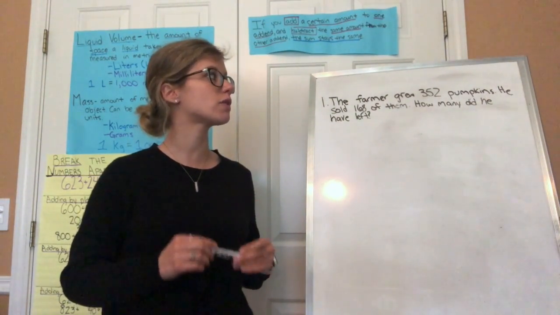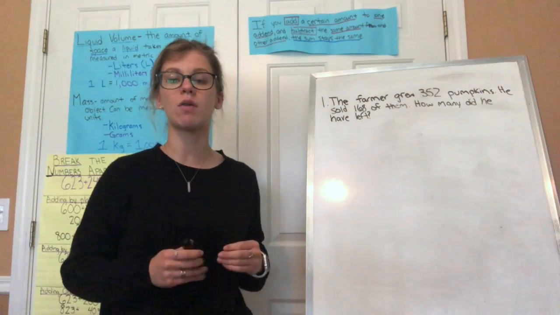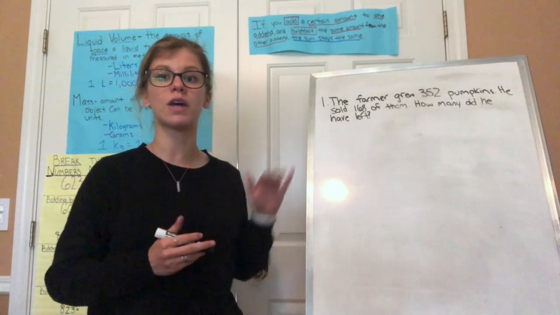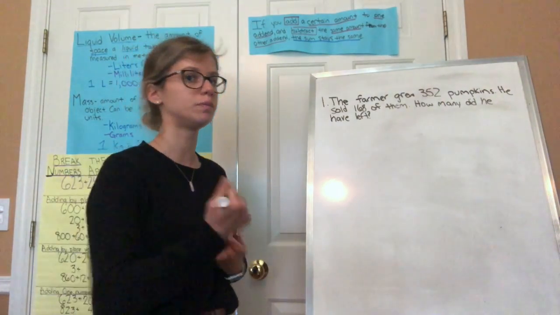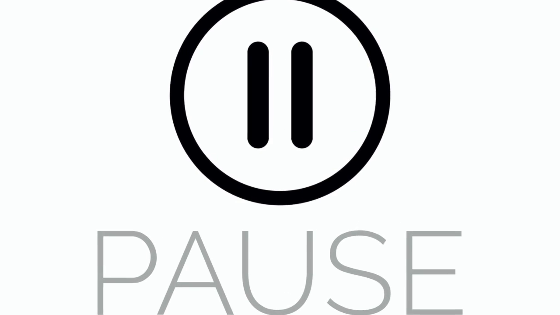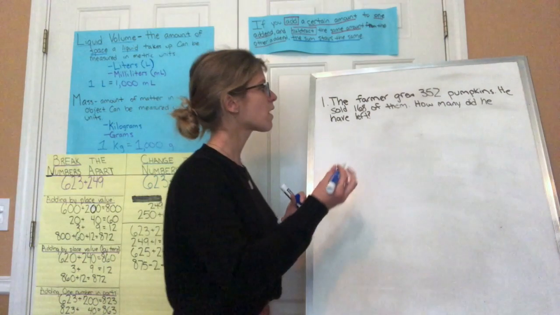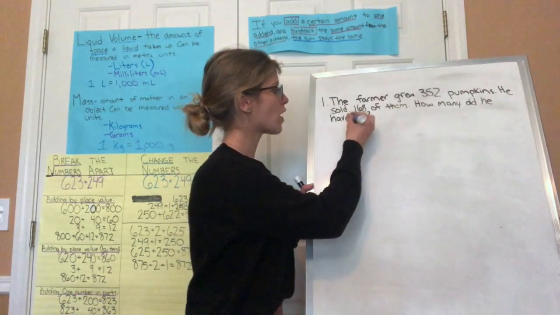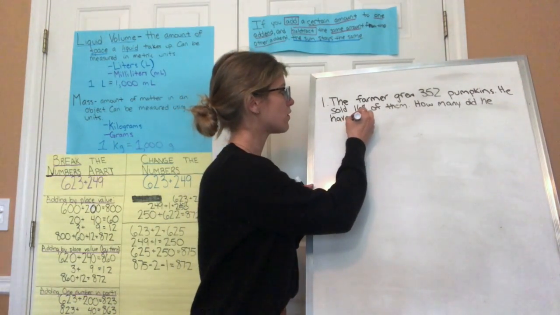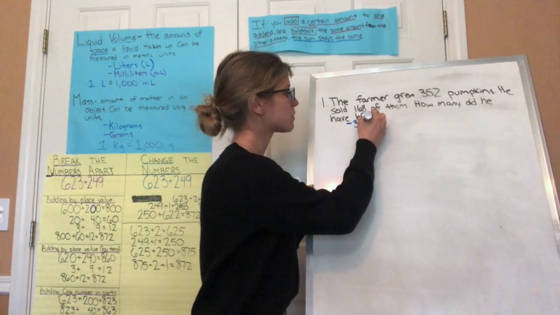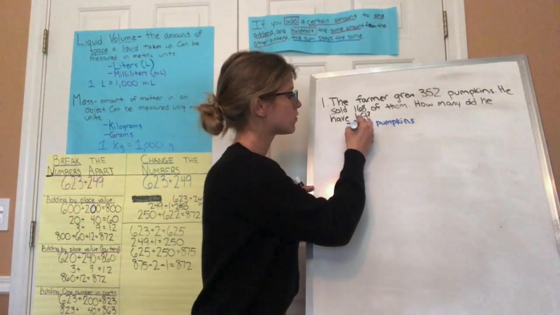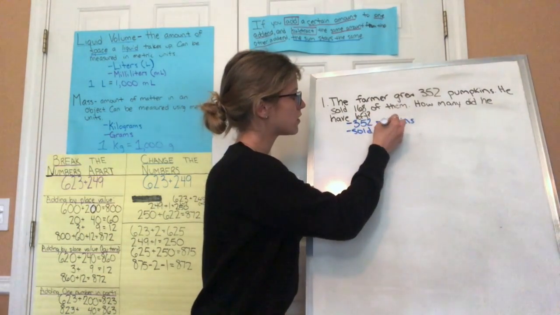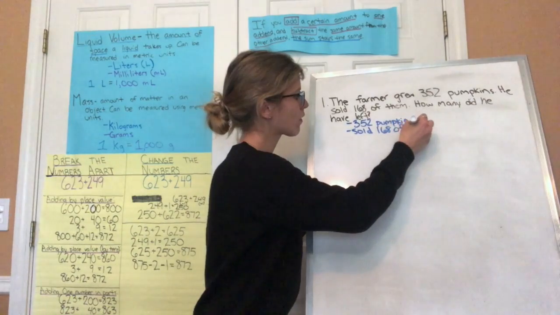What I want you to do now is take notes of this problem and write me an equation that shows this story problem. If I was writing my notes, I would know that he had 352 pumpkins. He sold 168 of them.